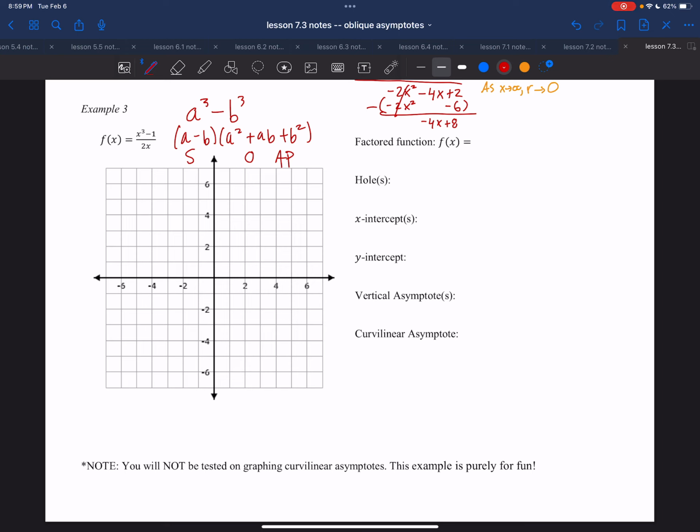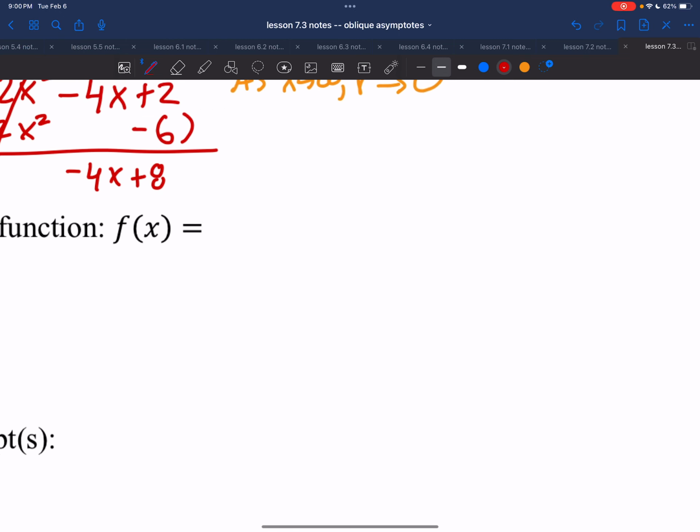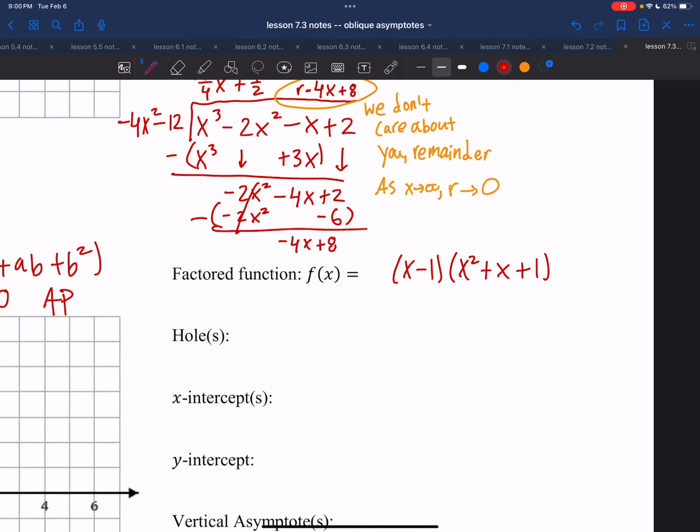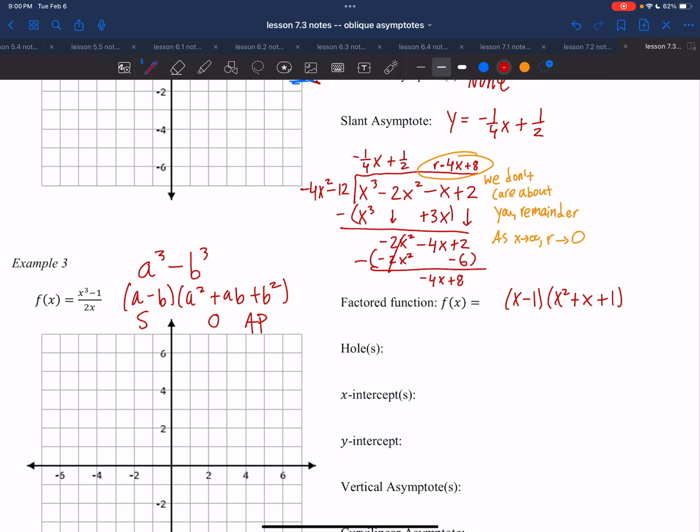I'm invoking the difference of cubes identity for factoring, right? So I'm going to factor x cubed minus 1 as x minus 1 times x squared plus x plus 1. And I got that using the sum and difference of cubes identity. All divided by 2x. There are no holes because I have no common factors on top and bottom.